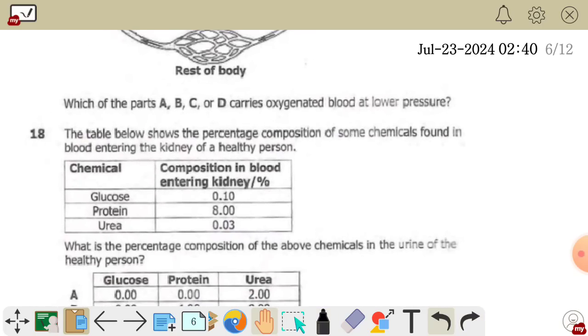Question 18. The table below shows the percentage composition of some chemicals found in blood entering the kidney of a healthy person. So we have glucose at 0.1, protein at 8, and urea at 0.03. What is the percentage composition of the above chemicals in the urine of the healthy person?